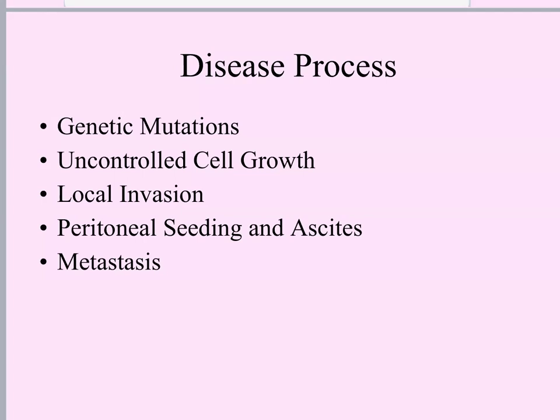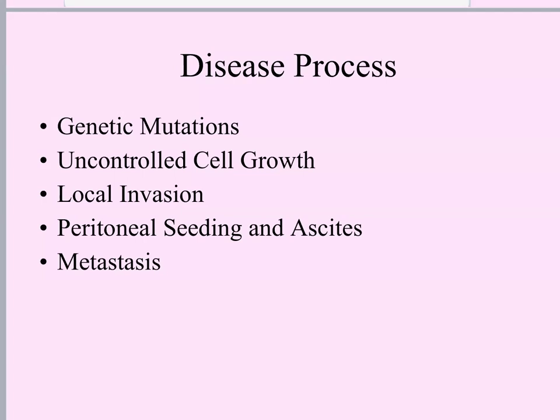So just something to consider. It could be inherited or acquired through damage we accumulate in our DNA throughout life. But we have the uncontrolled cell growth that leads to the formation of the malignant tumor.